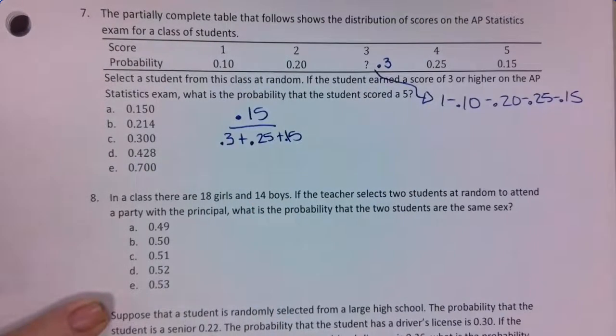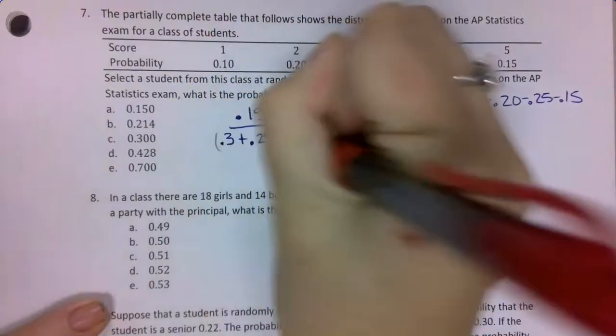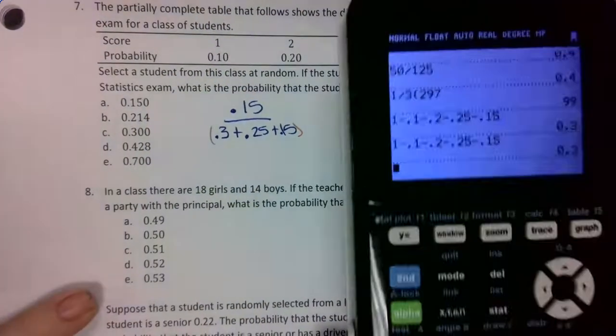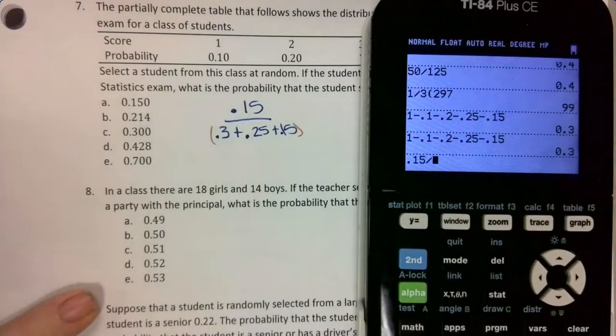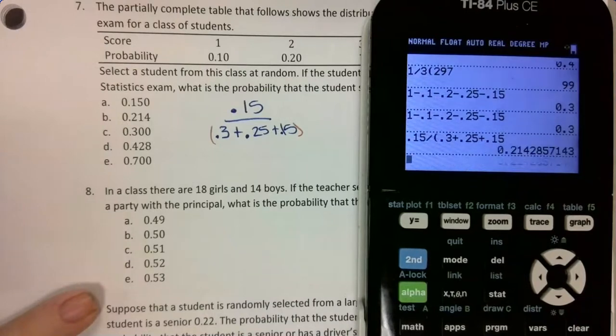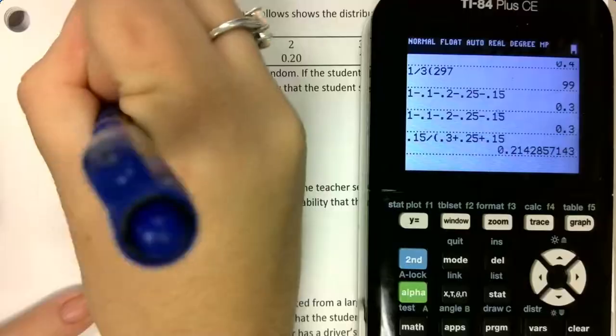If I want to type this straight into my calculator, I want to make sure my denominator is all in parentheses. So then I would type this in. I have 0.15 divided by (0.3 plus 0.25 plus 0.15), which gives me 0.214, which is choice B.